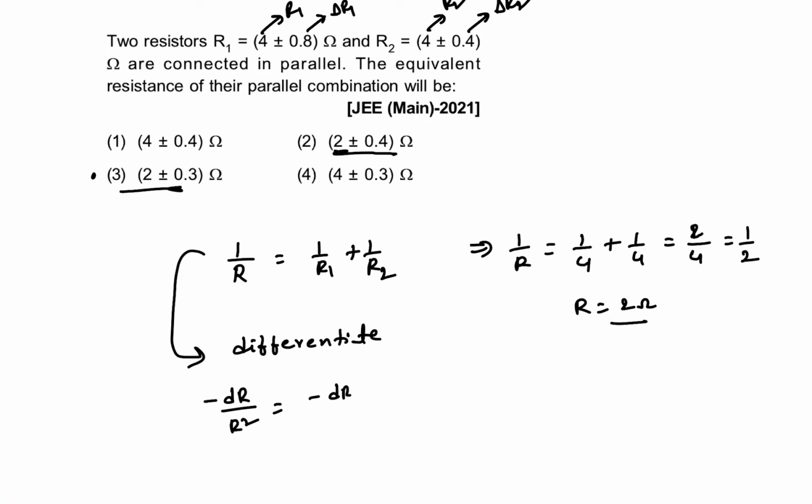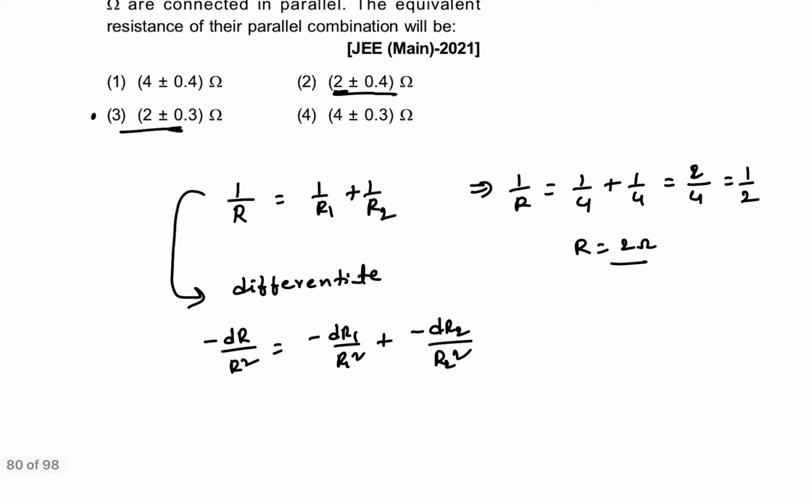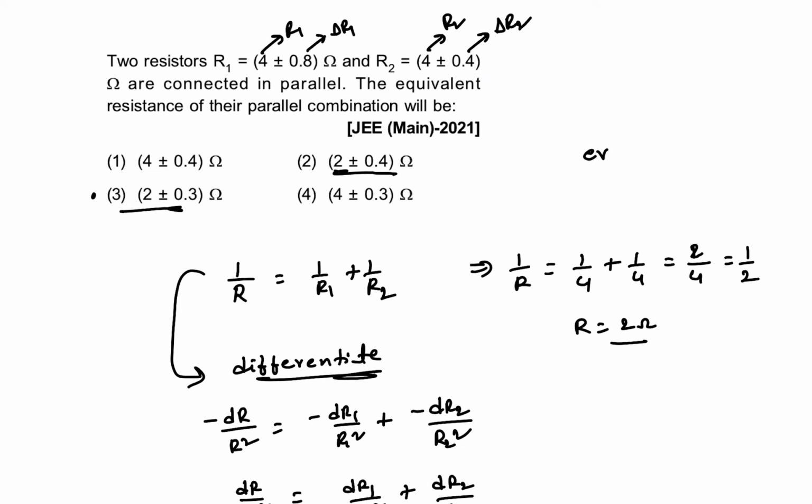So for this, differentiate. As errors are small, you can differentiate. Now according to differentiation, minus dR by R square is equal to minus dR1 by R1 square plus minus dR2 divided by R2 square. Now we get dR divided by R square is equal to dR1 by R1 square plus dR2 divided by R2 square.